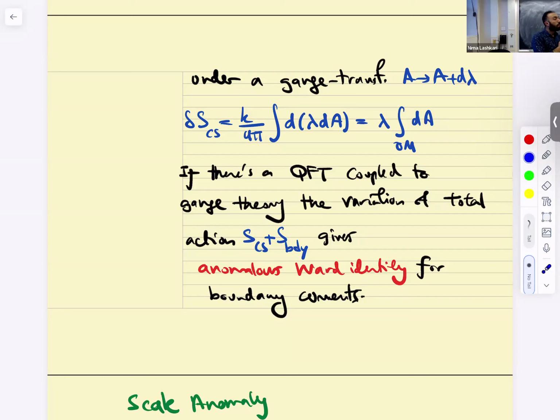Why am I just looking only at the boundary term of Chern-Simons? In principle, there's another boundary term coming from the other theory. It's a sophisticated question. You have all the tools to answer it, but it's a very tricky, difficult question.